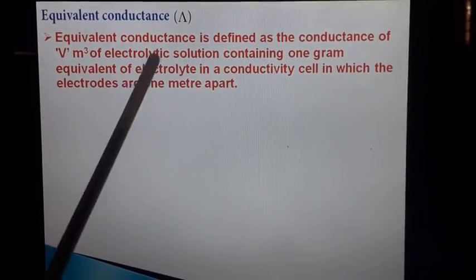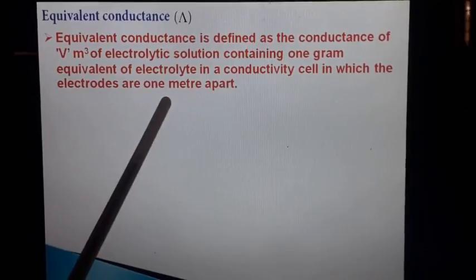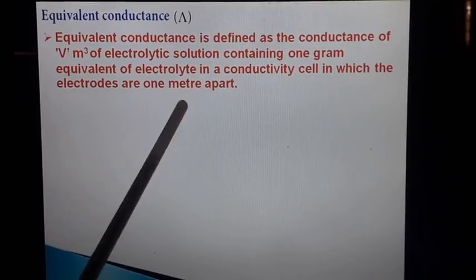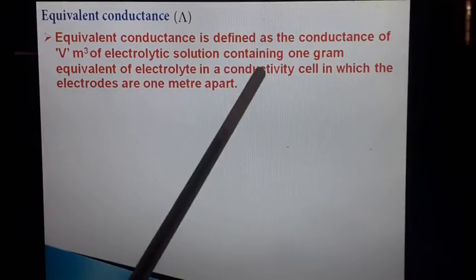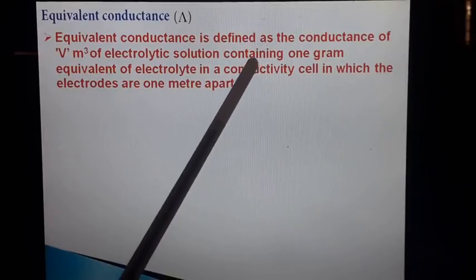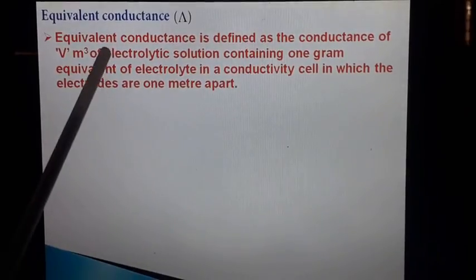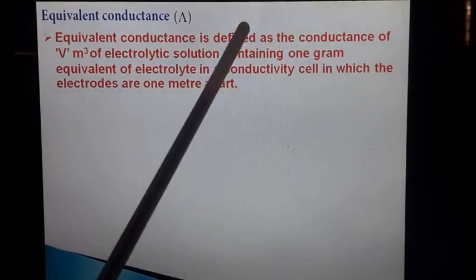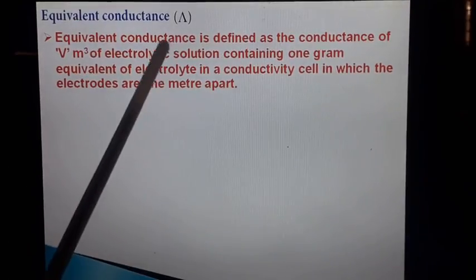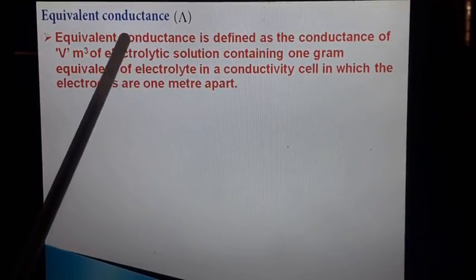The conditions are: distance is 1 meter, volume is V m³, and the quantity is 1 gram equivalent of electrolyte.